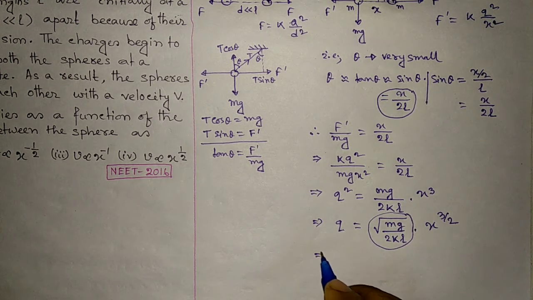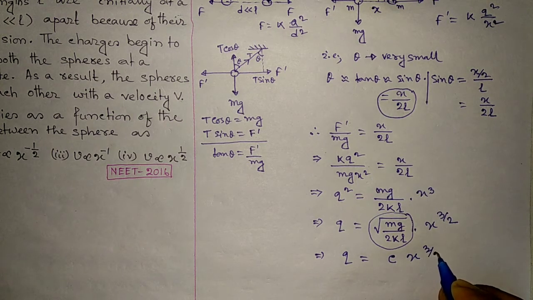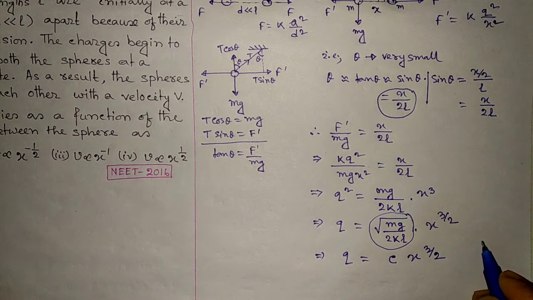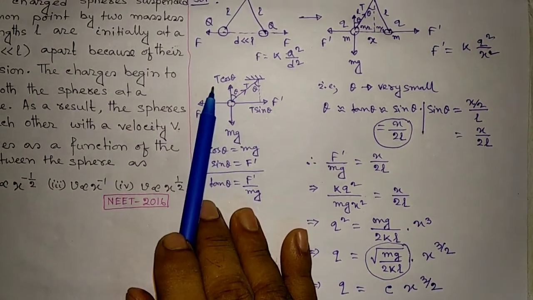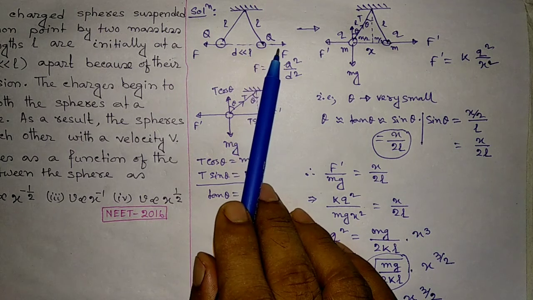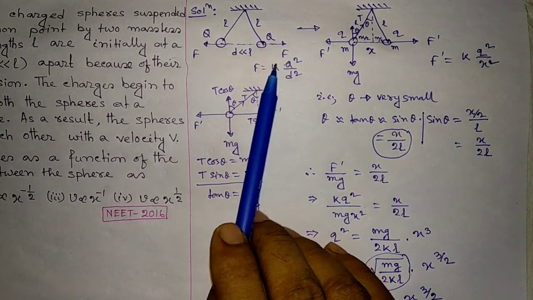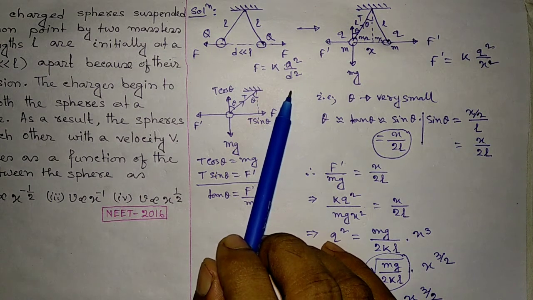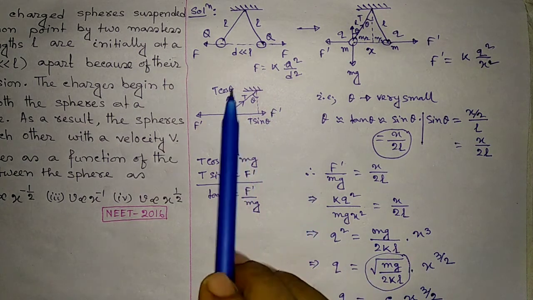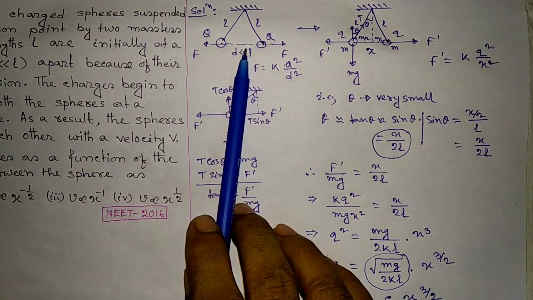So we can write q is equal to c x to the power 3 by 2. Now the charge is leaked at a constant rate, so charge decreases at a constant rate. So the repulsion also decreases, and they come closer gradually.